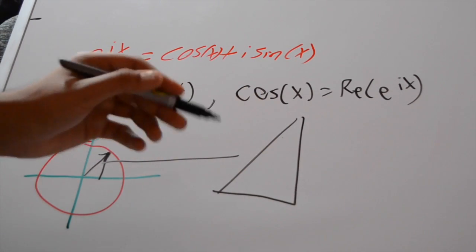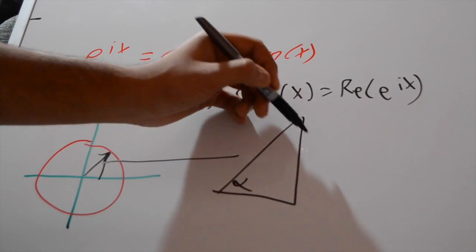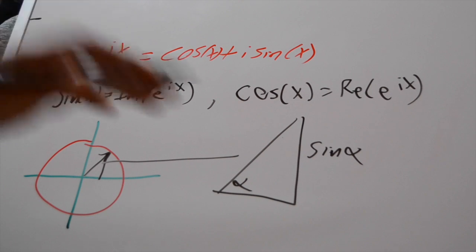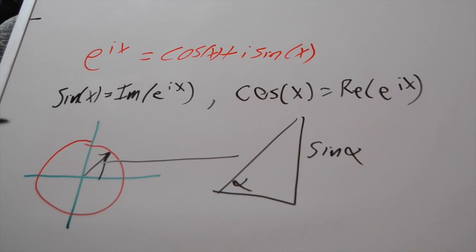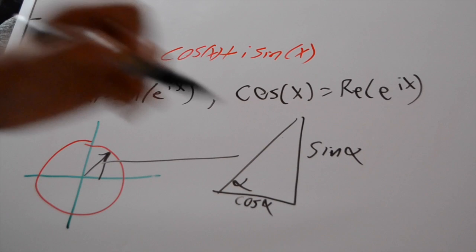And we will call this, let's call it gamma. I will say this is sine of gamma, or rather alpha, not gamma. Gamma is up, and that's alpha. And we'll call this side cosine of alpha.